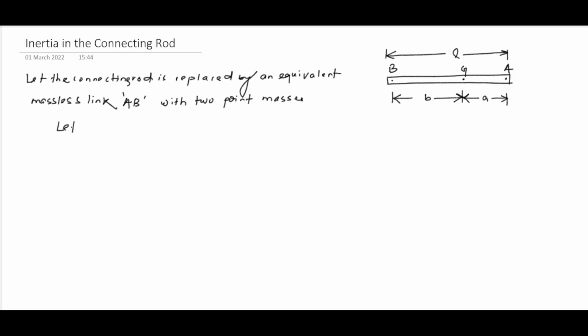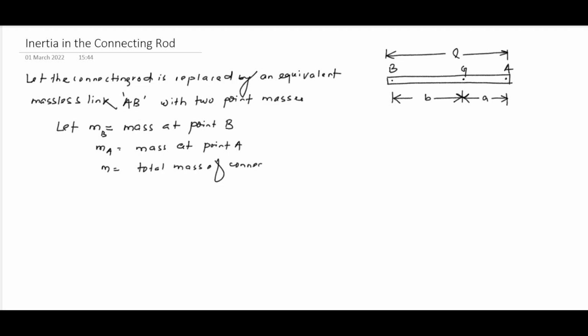Now let MB be the mass at point B, and MA the mass at point A, and let M be the total mass of the connecting rod.